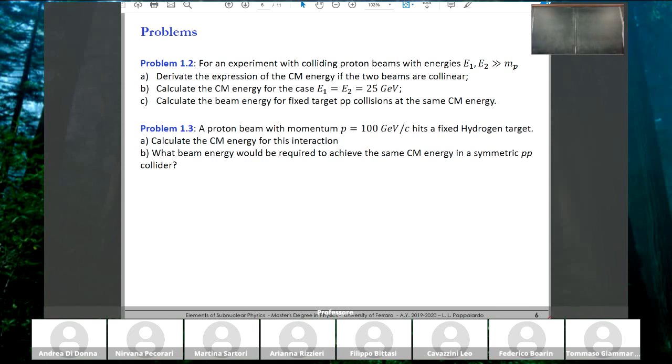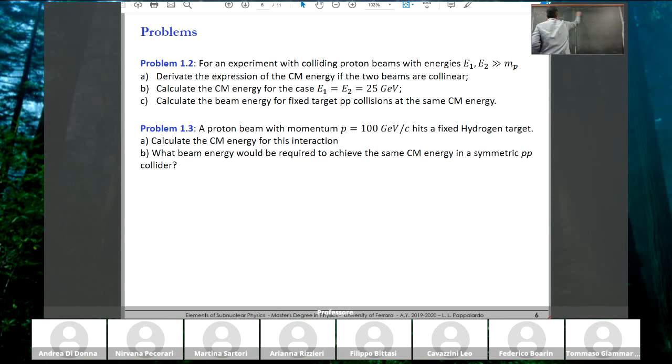Okay, so we have a beam with momentum of 100 GeV/c. What we want to know is the total energy of the proton in a fixed target collision, and then we apply the standard relativity relation, E squared equals p squared plus m squared.